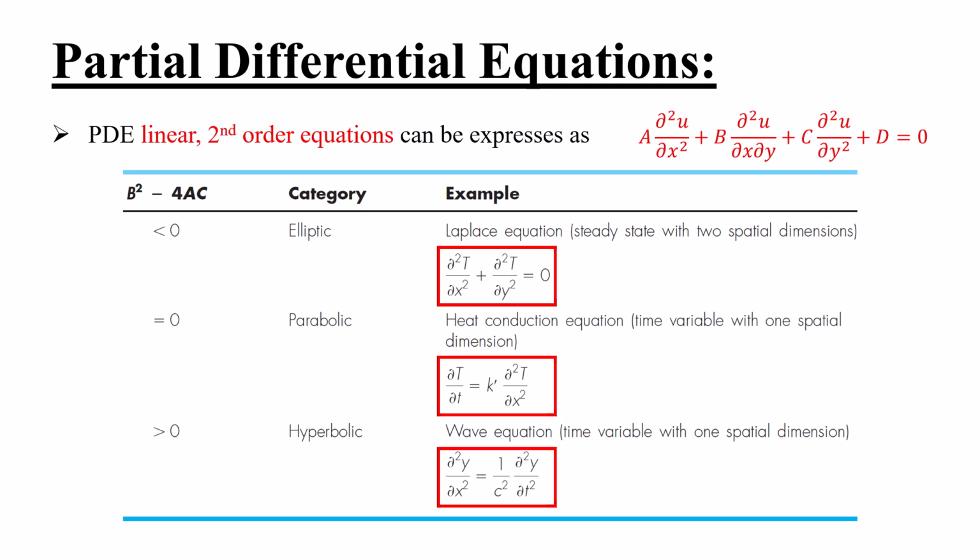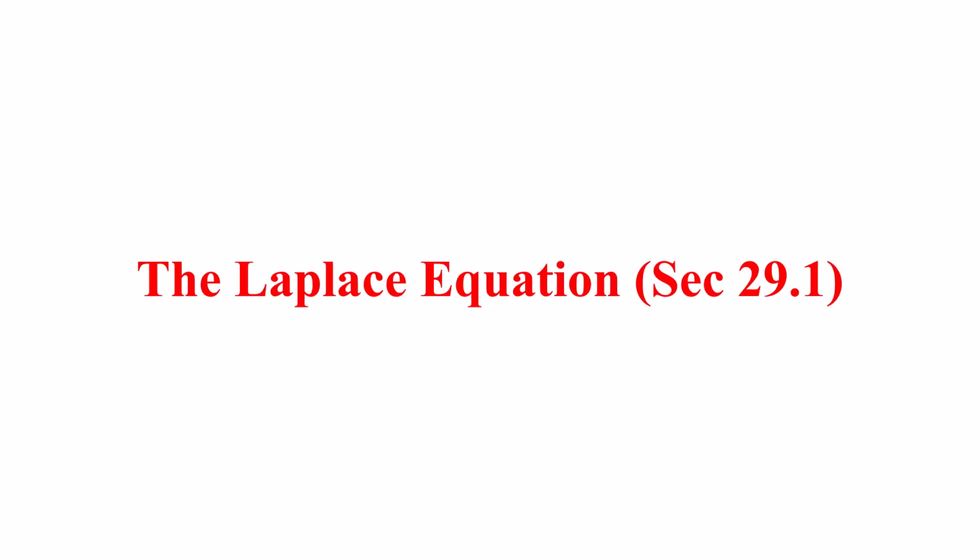The last one is hyperbolic, where we have x and y variations. These are the Laplace equation, heat conduction equation and wave equation. So these are a few examples and applications where these PDEs are used.